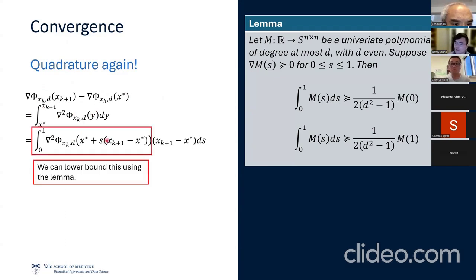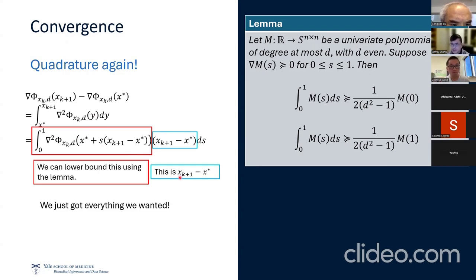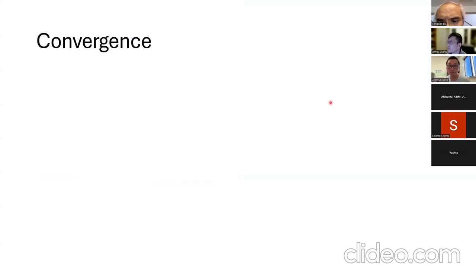And the main observation is that if we use this lemma on the right, because we're integrating some matrix that we know is positive definite, we integrate this matrix, we're going to get something positive definite. And this is xk plus 1 minus x star, which is what we wanted in the first place. So essentially, by doing this transformation and applying this lemma, we basically got everything that we wanted.